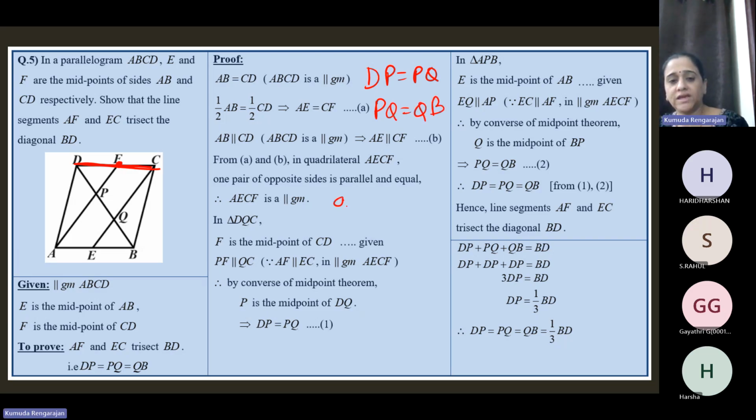In order to show that A is equal to B is equal to C, you first show that A is equal to B and B is equal to C. So in order to show that these three segments are equal, you're trying to show that DP is equal to PQ and PQ is equal to QB. So all the three are equal.